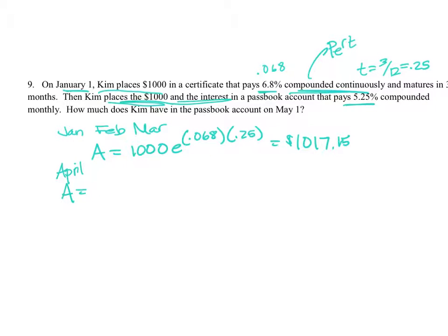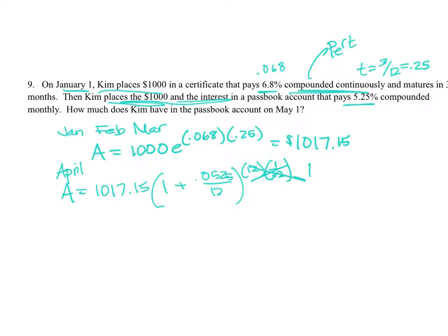So we're going to put that $1,017.15, and we are using where it is compounding 0.0525 over monthly. So we're going to have the 12. So our M is 12, and our T is 1 month. But again, we are converting that into the time period reflective of a year. So that ends up being 1 over 12.